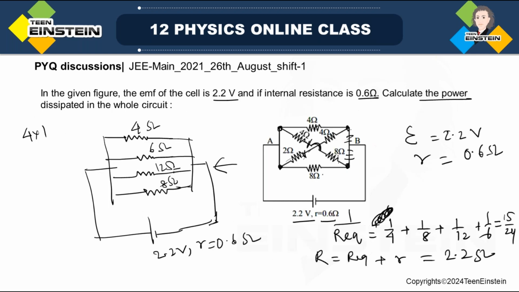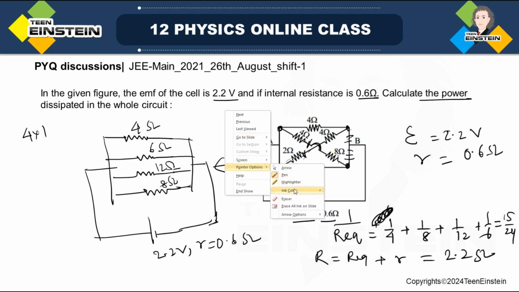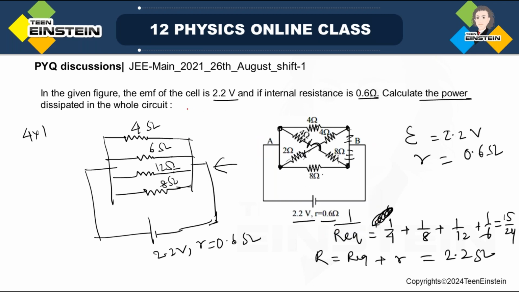I think there were options given here. Let me write them in red ink. Option A was 2.2 watt. Option B was 0.65 watt.